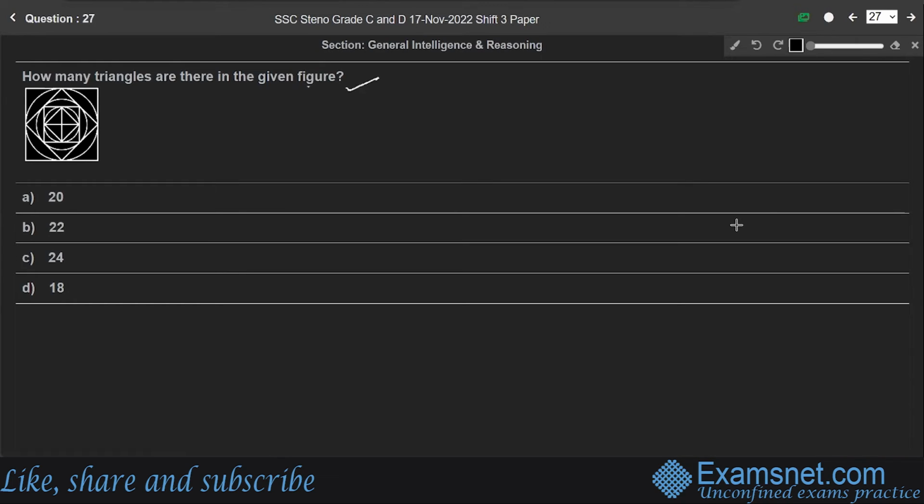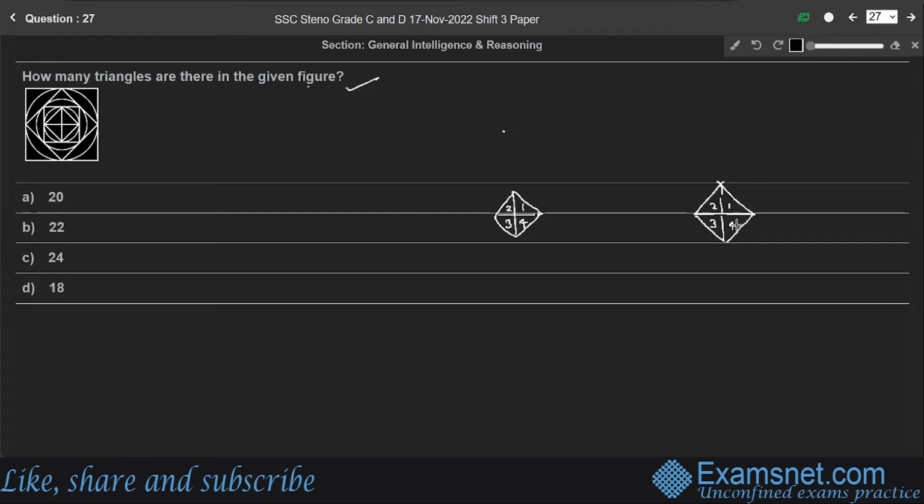Question 27. How many triangles are there in the given figure? We'll start from the center of the given figure. At the center, we have 4 triangles like this: 1, 2, 3, 4 triangles. So 4 individual triangles. We can form more triangles by adding 2 triangles: 1 and 2, then 1 and 4, 3 and 4, and 2 and 3.